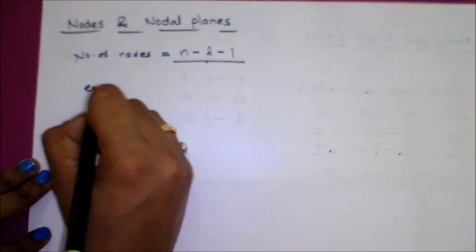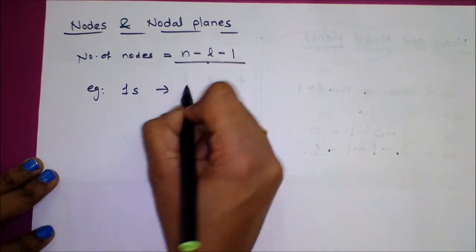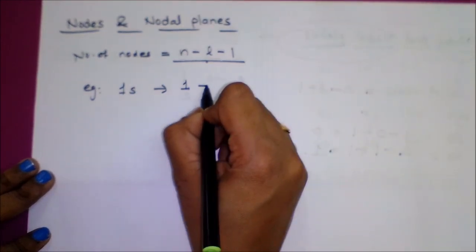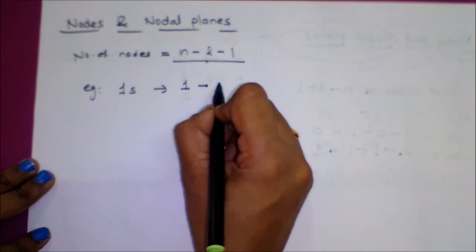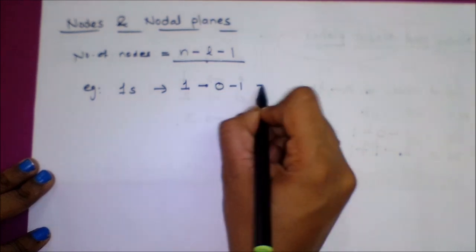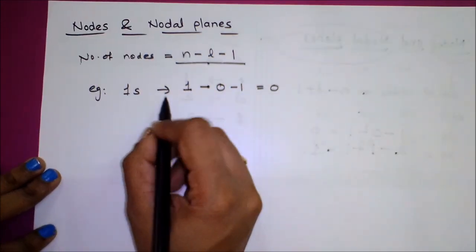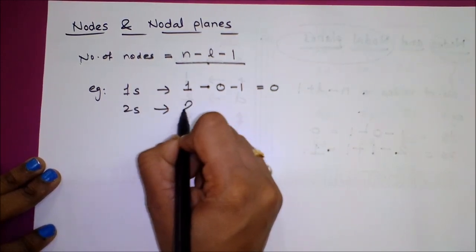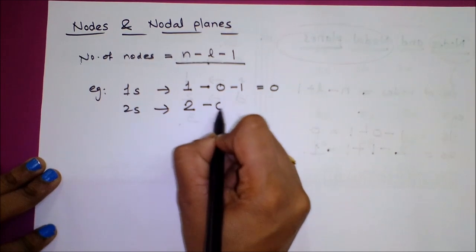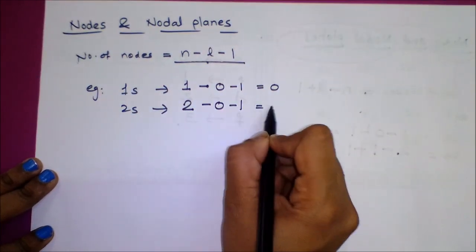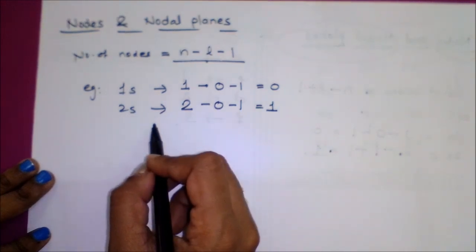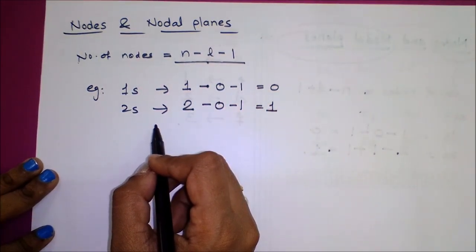For example, for the 1s orbital, n equals 1, and for s we always have azimuthal quantum number 0, minus 1, so that equals 0. In case of 2s, we have principal quantum number 2, the azimuthal is again 0, minus 1, so that equals 1. In this way we can calculate the nodes for different orbitals.